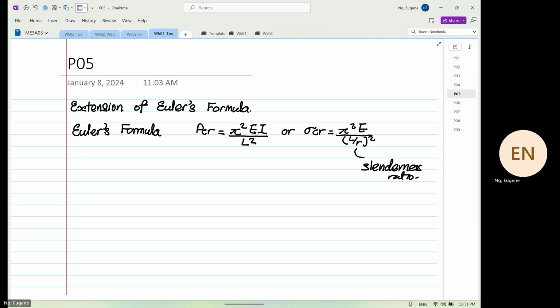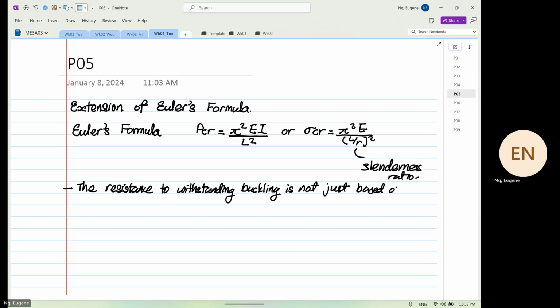Okay. Now, to take note, the resistance to withstand buckling is not just based on Young's modulus, length, and cross-sectional area.